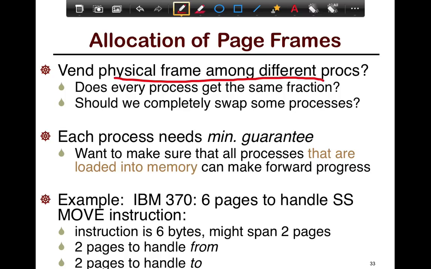One important thing to remember is that processes also need a minimum guarantee, to ensure that all processes that are loaded can make forward progress. An example of this, not so common anymore, is the SS move instruction on the IBM 370, where a given instruction needed 6 pages. It was a string move, and the instruction itself was 6 bytes, so it might span 2 pages. The from could also span 2 pages, and the to could also span 2 pages.